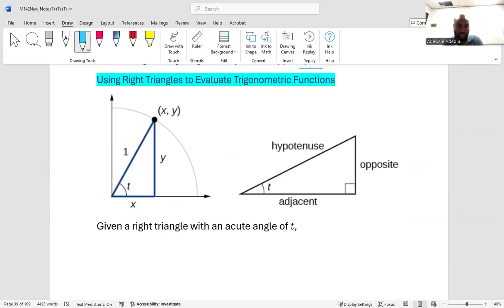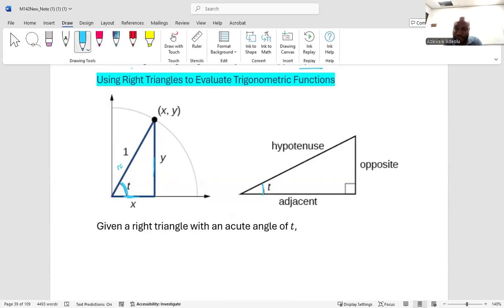To start this, let us go back to our unit circle. A unit circle with radius 1. This is r, radius equals 1. We call this side x and we call this side y with our angle, which is t. Now, if we bring out this right triangle, we do have our angle here. Basically, I want to name these sides.